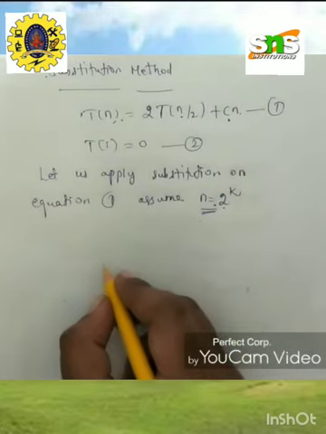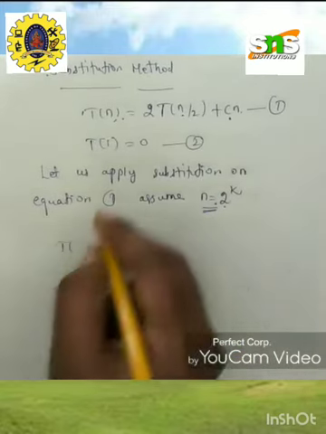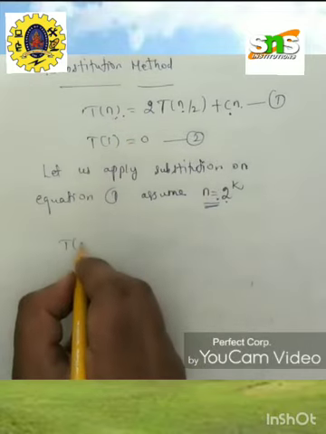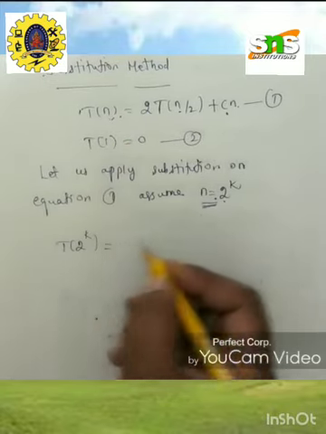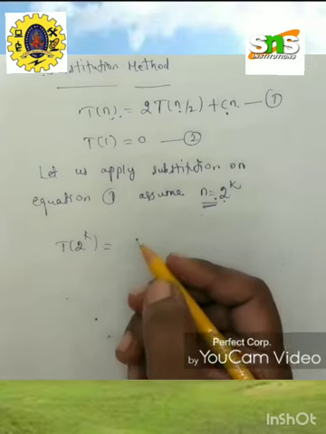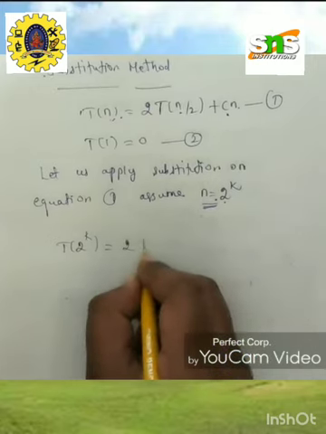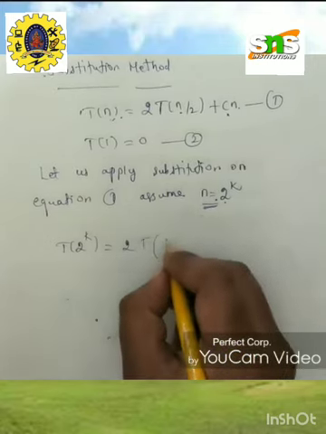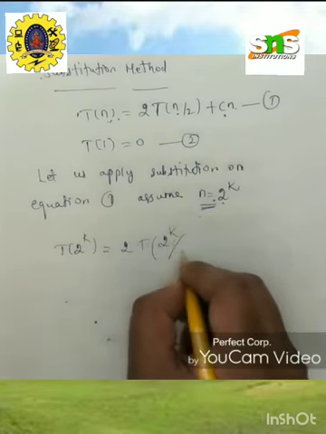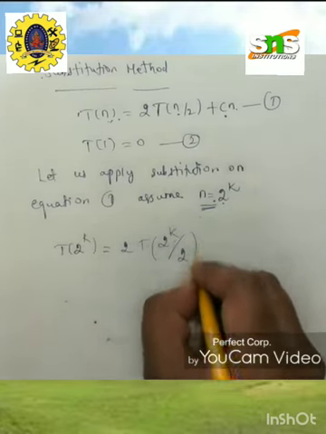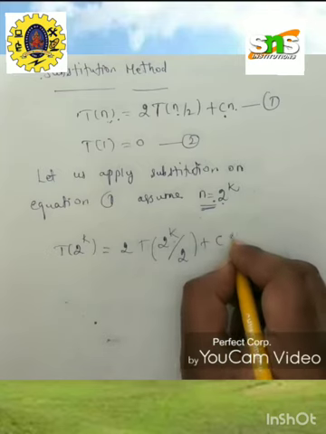So instead of T of n, write T of 2 power k equal to 2 into T of, what is the n value, 2 power k divided by 2, plus c into 2 power k.